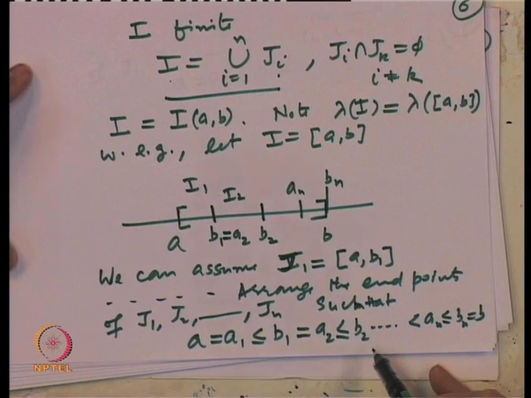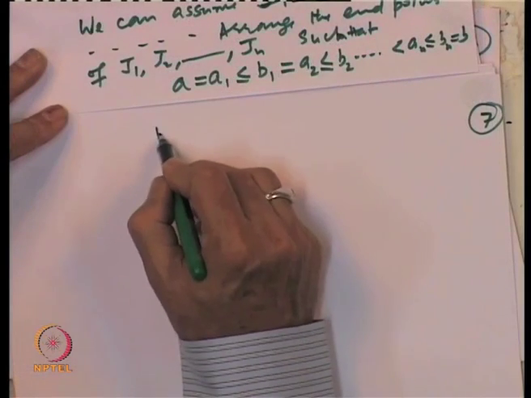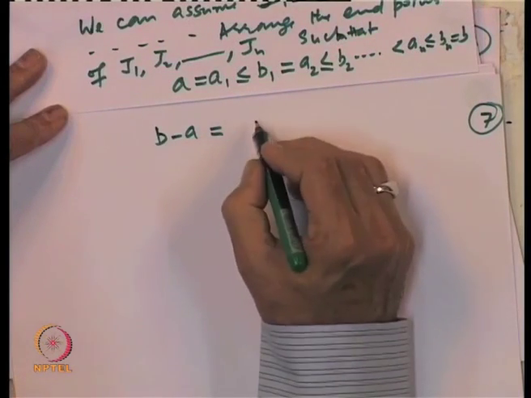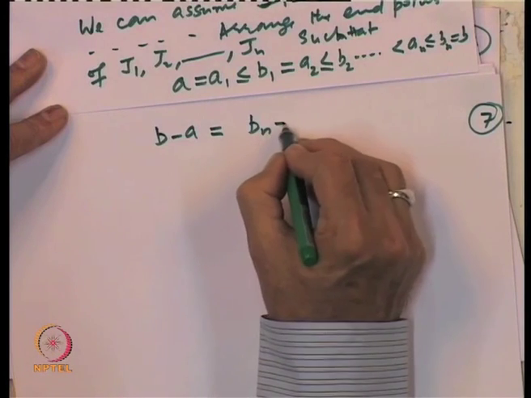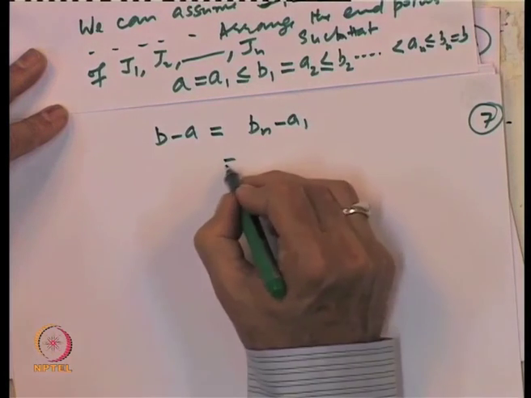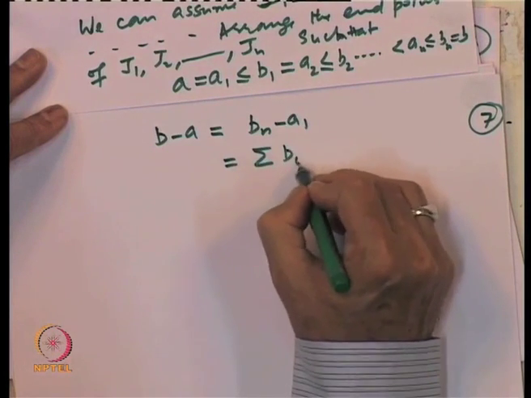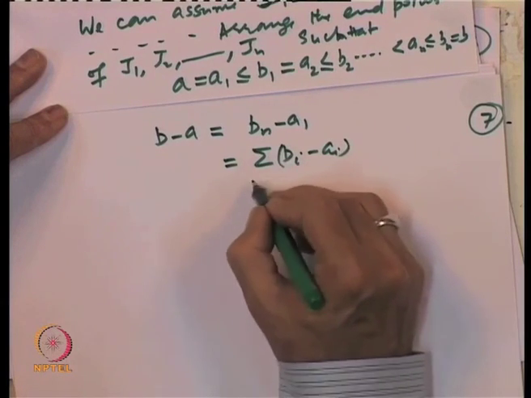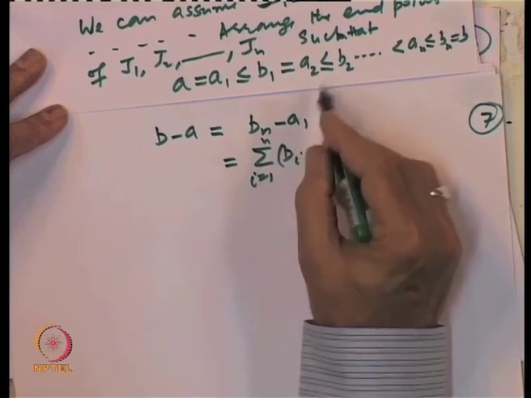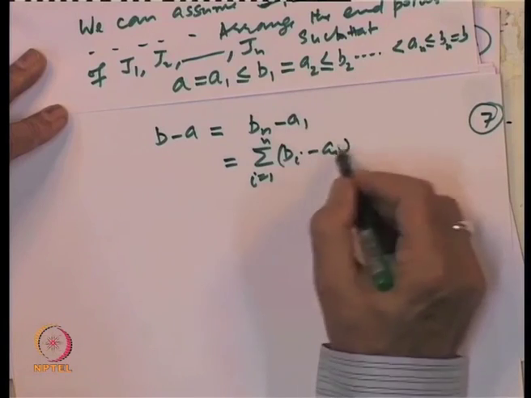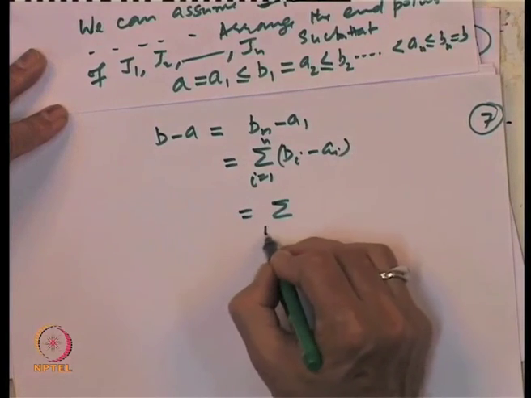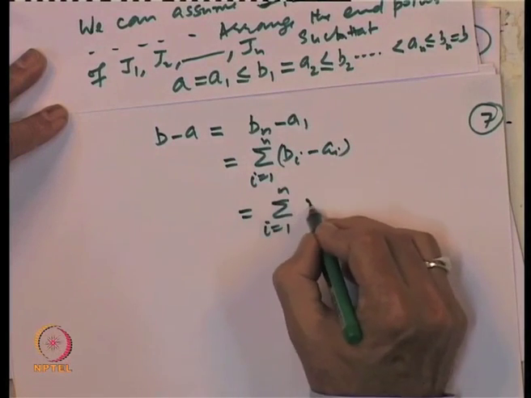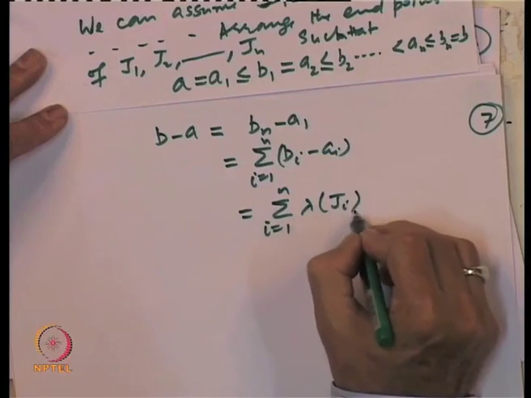So, that clearly says that b minus a is equal to b_n minus a_1, that is equal to the summation of b_i minus a_i, i equal to 1 to n, adding and subtracting these terms in between. That is the same as the summation, i equal to 1 to n, of lambda of j_i.